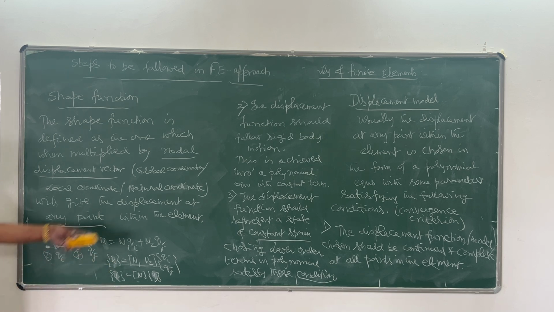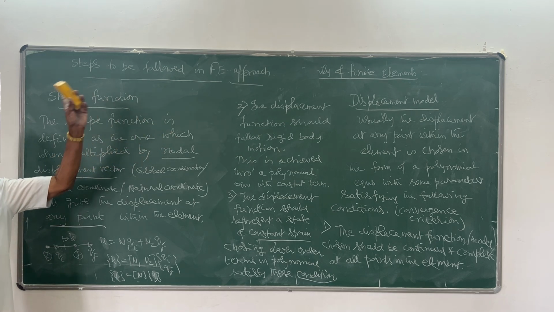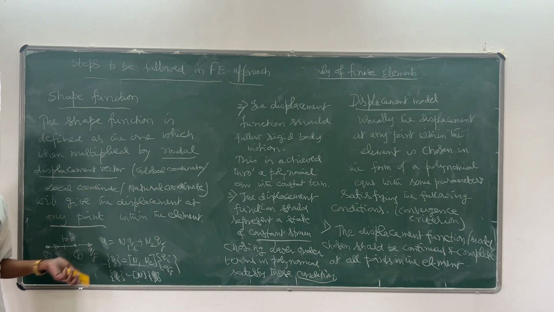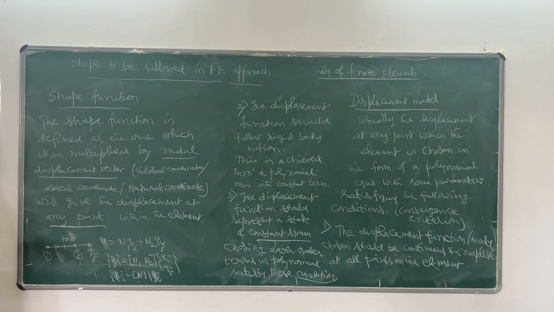You can determine this the moment you choose a displacement model. For that, u can be chosen in the form of a polynomial, or you can use what is known as the Lagrangian formula. You can choose the shape function straight away.